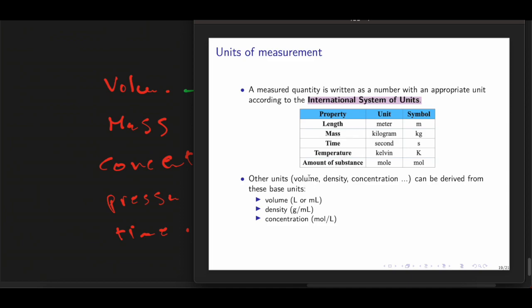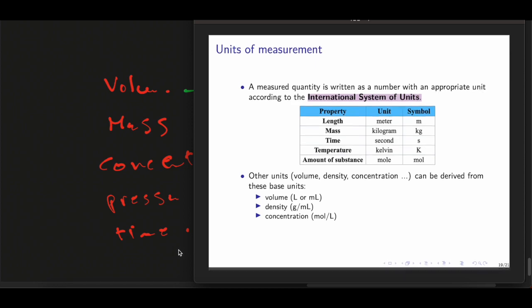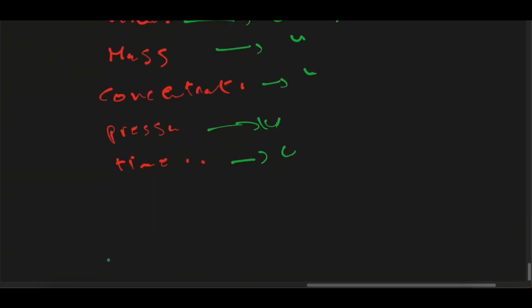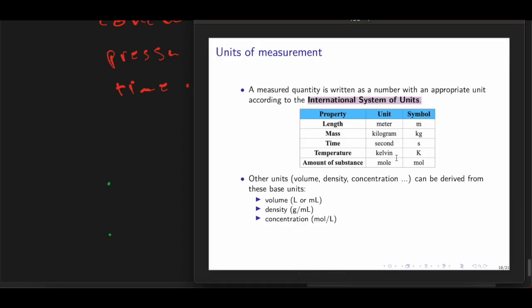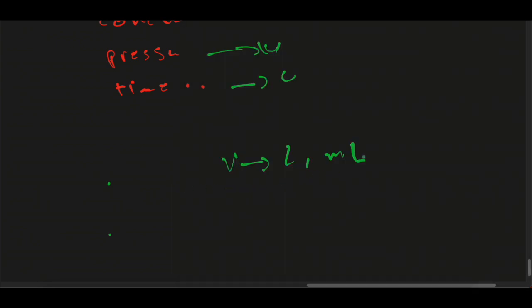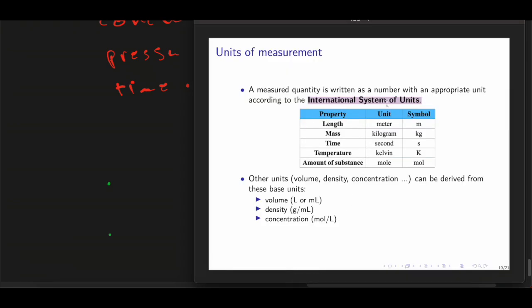Other units that we use with volume, density, concentration can be derived from these base units, because in chemistry, for example, generally when we measure a volume we use either the liter or the milliliter. Okay, and the liter and milliliter are not found in these base units, but we can derive them from this table.